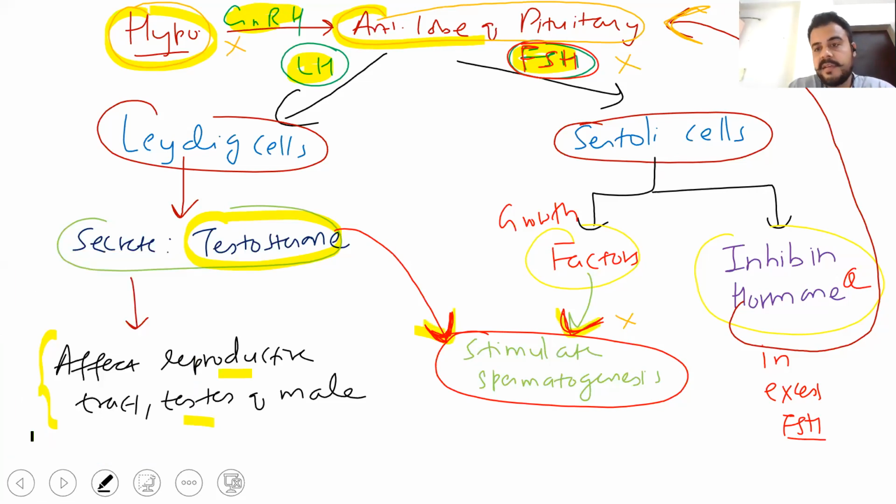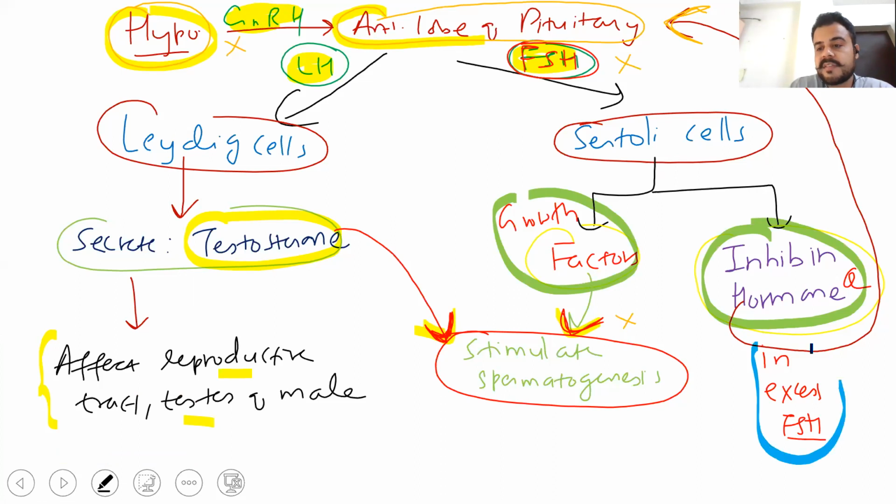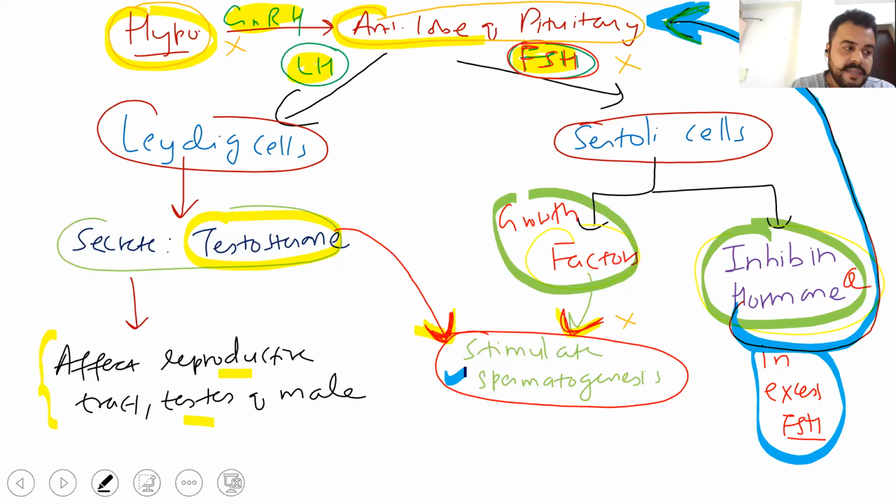These Sertoli cells can secrete growth factors as well as inhibin. But when there is excess FSH, this can have a feedback control on the anterior pituitary. Whenever there is excess FSH and LH, and this process is to be stopped, inhibin can bind to the anterior lobe and suppress the FSH release.